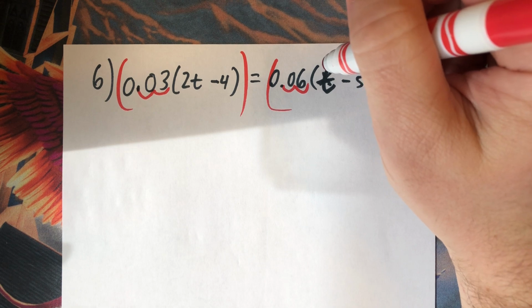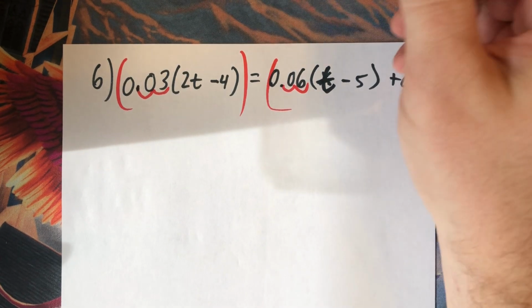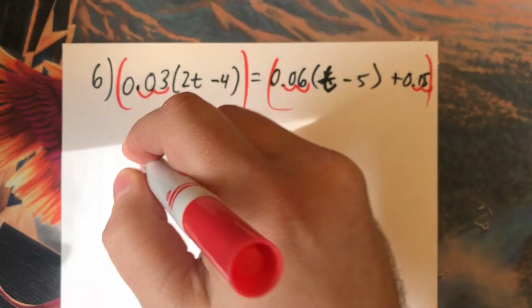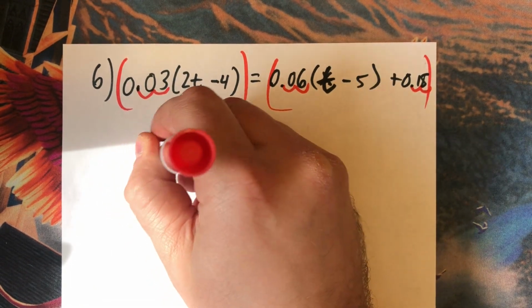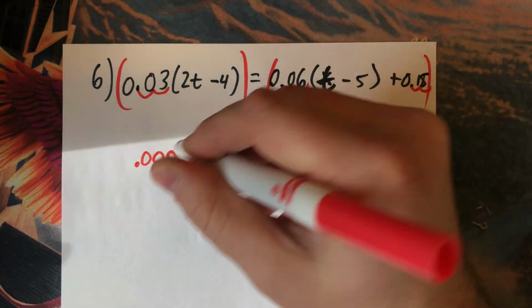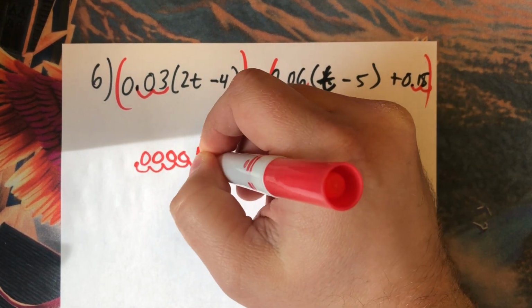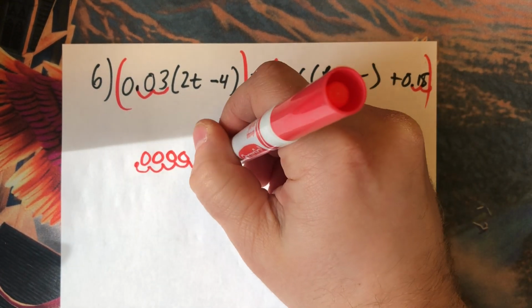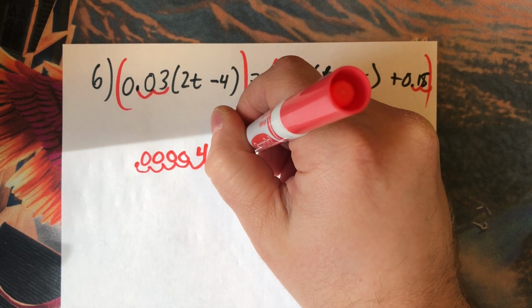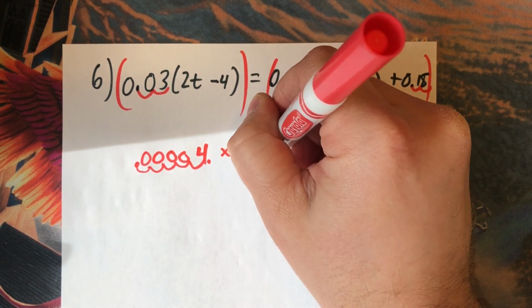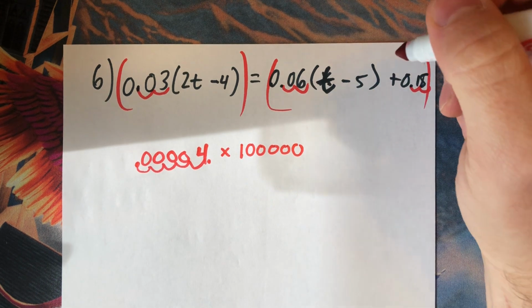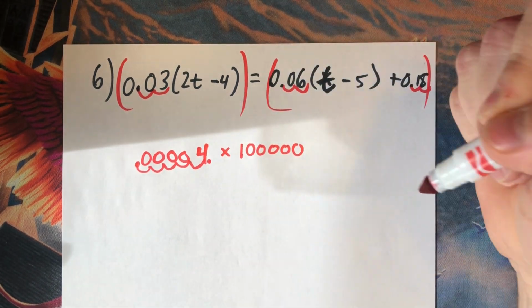And if you recall from middle school, if I want to move a decimal point, like let's say 1, 2, 3, 4, 5. If I want to move that decimal point 5 spaces, I can just multiply it by that many zeros. 1 with that many zeros after it.